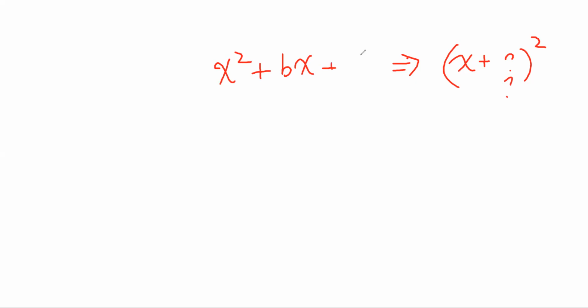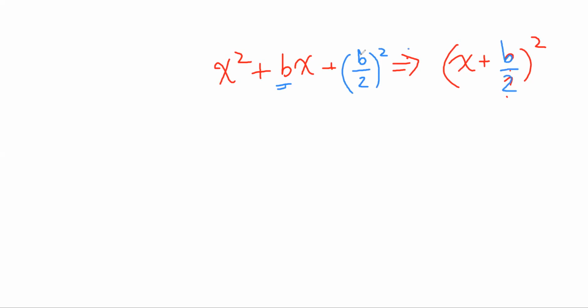Say x squared plus bx. How do we change it into x plus something squared? This number is b. Take half of it, and then square it.